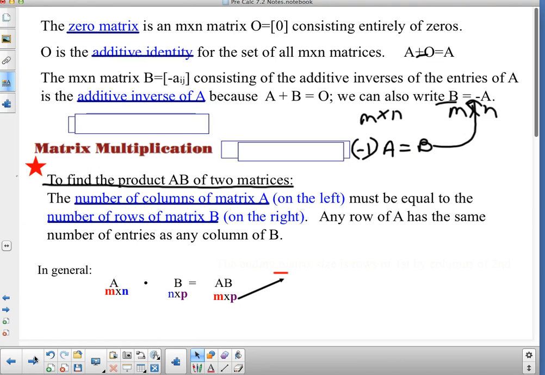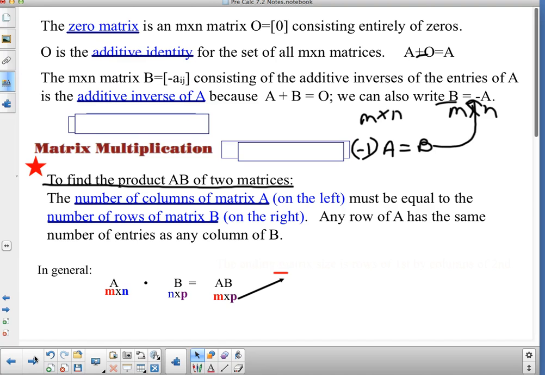Now, the zero matrix. I'll give you time to get these down and I'll talk about it. Okay, so here it is.